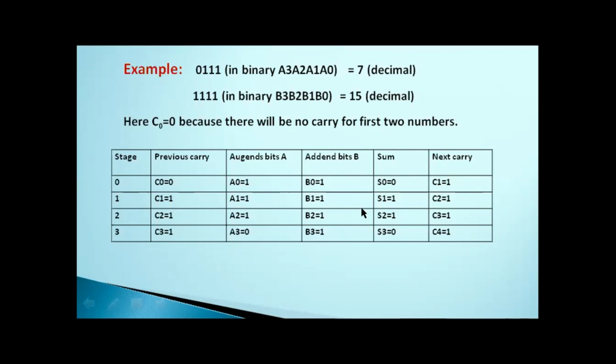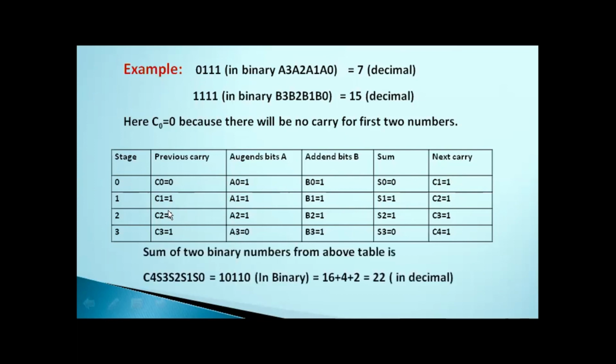This carry will be passed to the next higher order, that is C2 equal to 1, A2 equal to 1 and B2 equal to 1. Sum of these three bits is sum equal to 1 and carry equal to 1. This carry will be passed to the next stage, that is C3 equal to 1, A3 equal to 0 and B3 equal to 1. Sum will be 1 plus 0 plus 1.